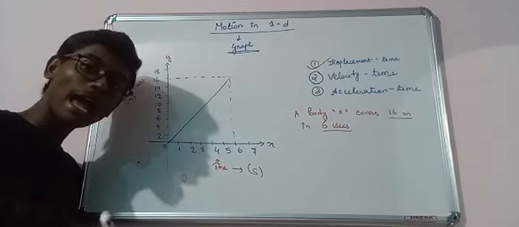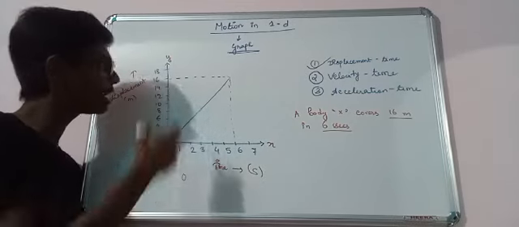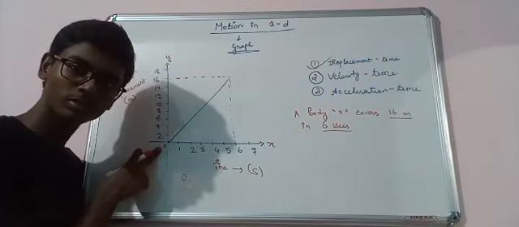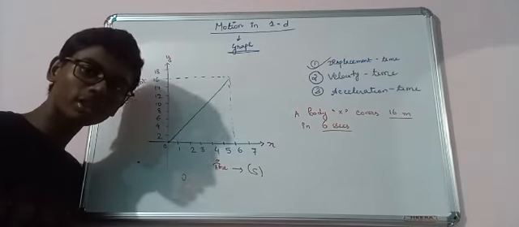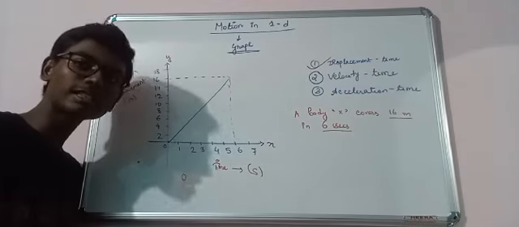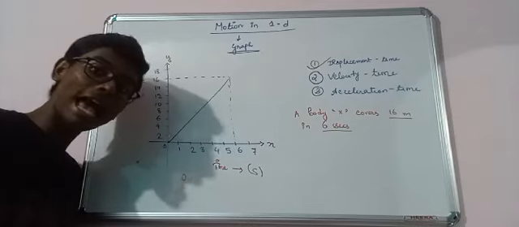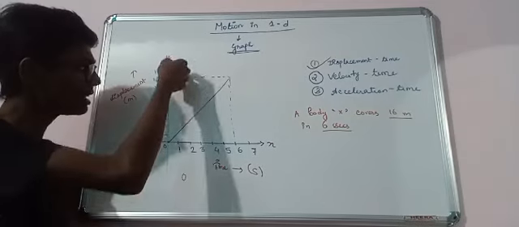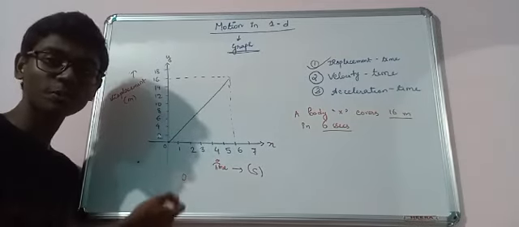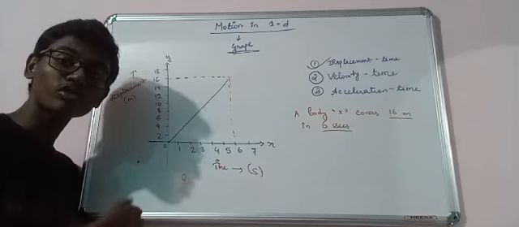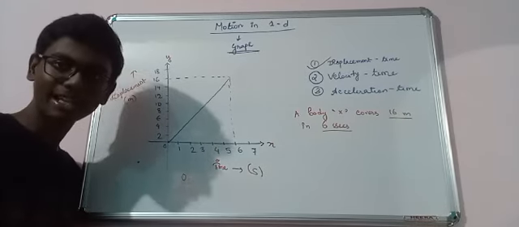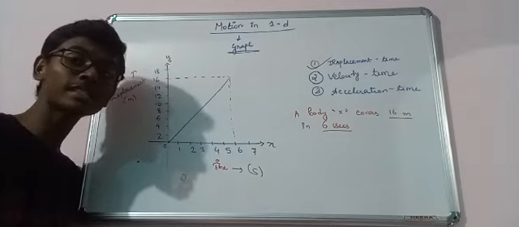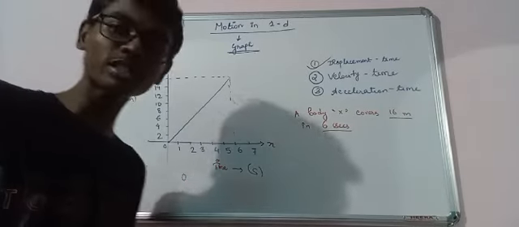And simultaneously the displacement is also 0 since the journey has not started. Before the start of the journey, the time of the journey is 0 as well as the displacement, or let it be distance. The distance covered by the body is also 0 since the body has not started only.